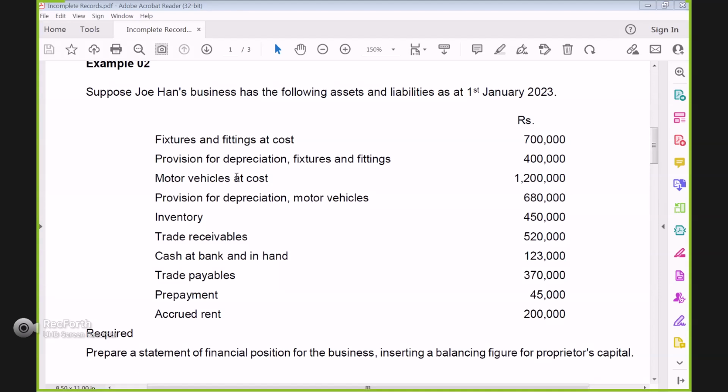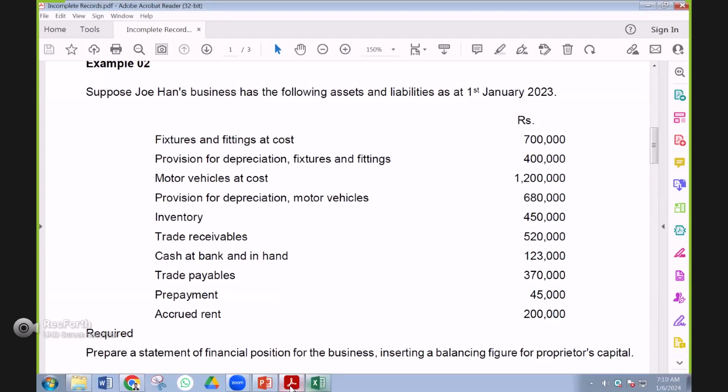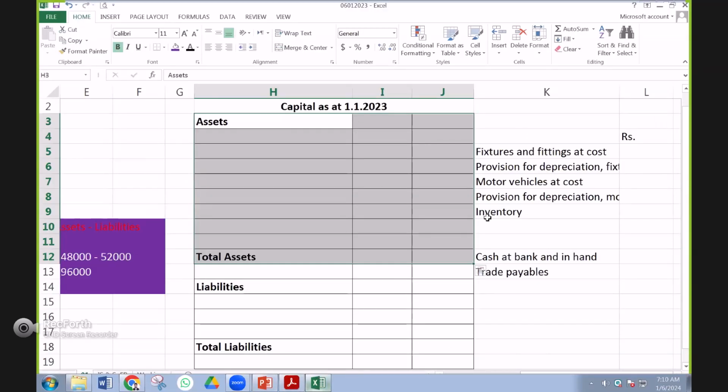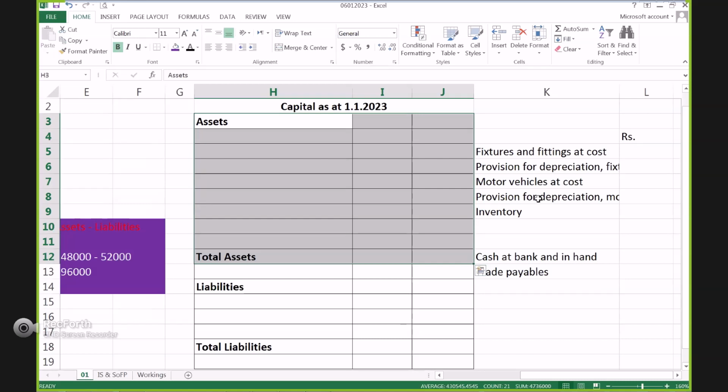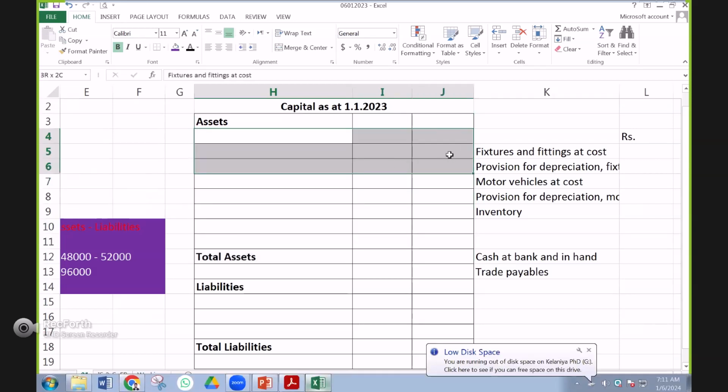Okay. So there are some assets and liabilities given. So according to that, you have to find out the capital. It is a simple one, no? So here, the fixtures and fittings at cost and provision is given.